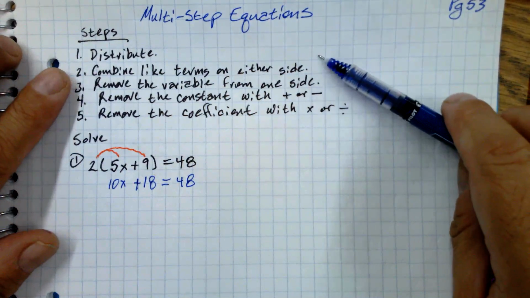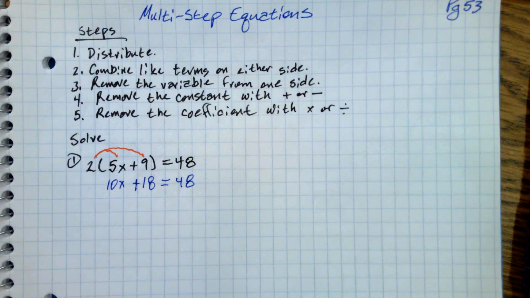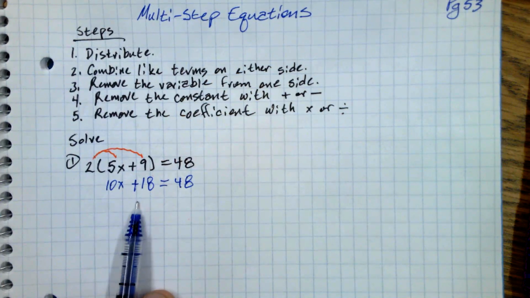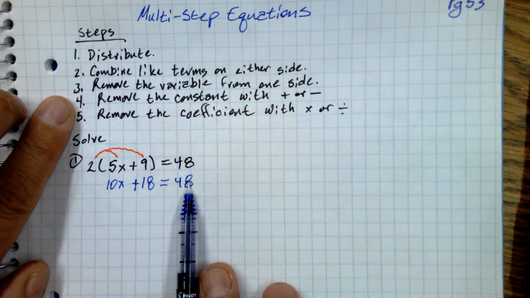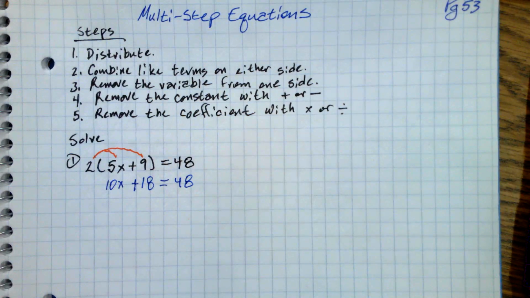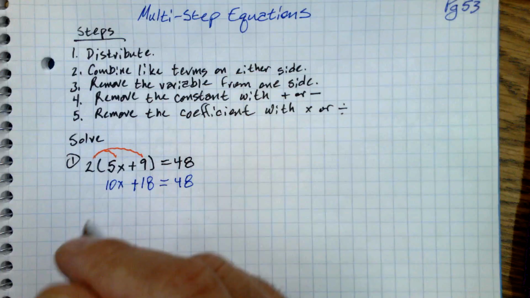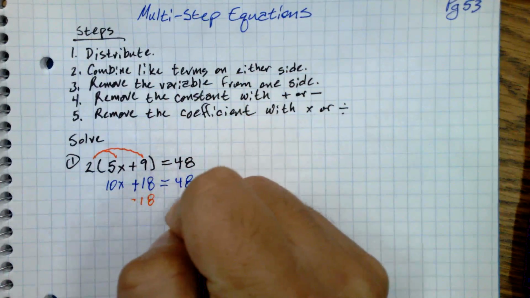Take a look at the next step. Combine like terms. Can I combine like terms? No. Like I said, that third step won't be something we have to worry about today, so we won't look at that. Then we have to remove the constant, the 18. So if you've done everything correctly, at this point, we get rid of a constant, which is, in this case, 18.